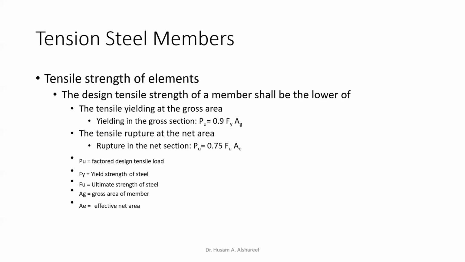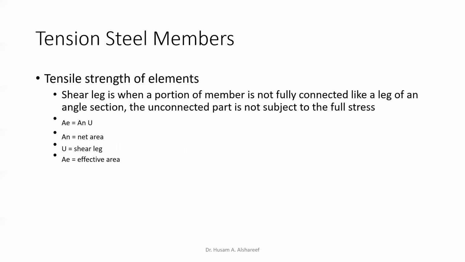FY is the yield strength of steel, and FU is the ultimate strength of steel. AG is the gross area, and AE is the effective area. It's imperative that we be familiar with each abbreviation and letter here, because we're going to use them intensively.